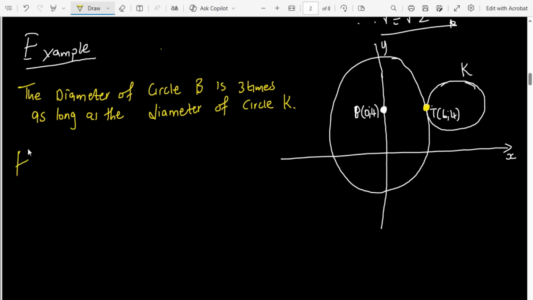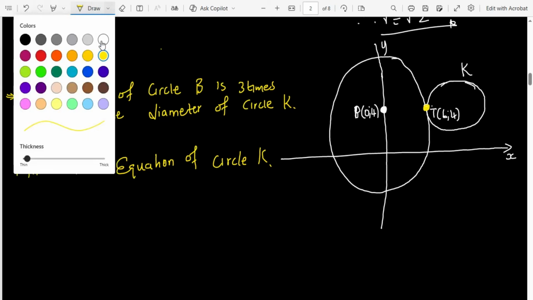And the question says you must find the equation of circle K. So we need to analyze the statement and find the equation of circle K.